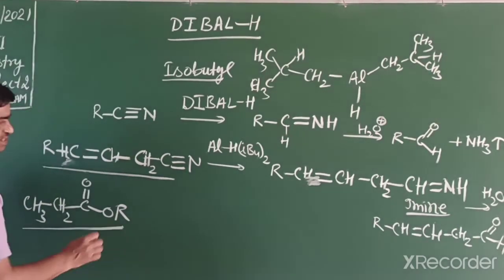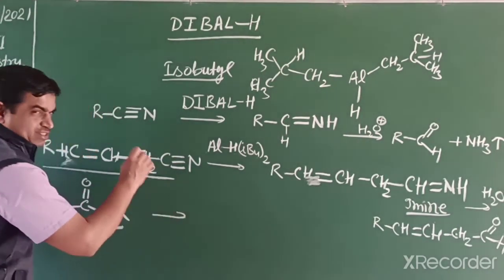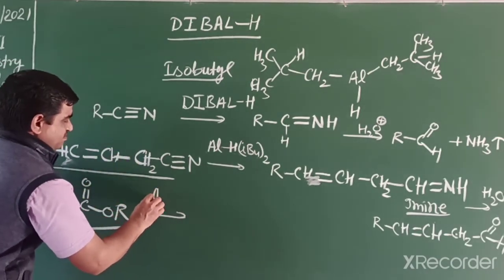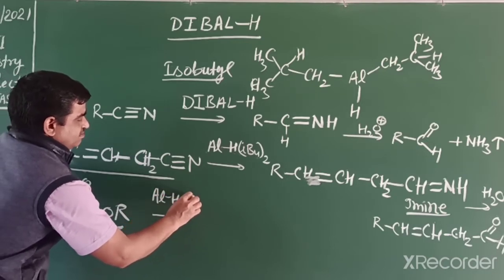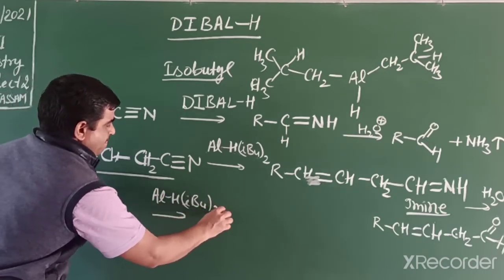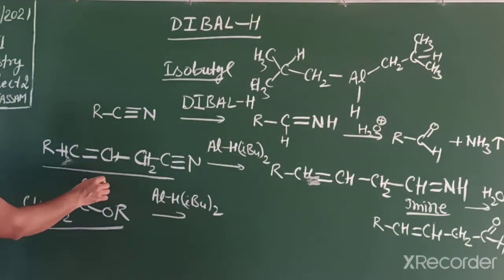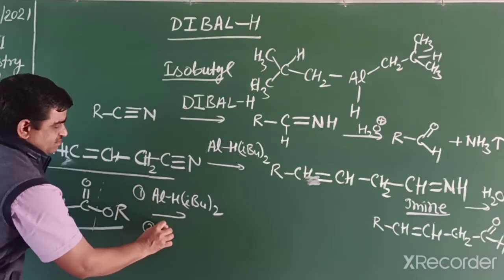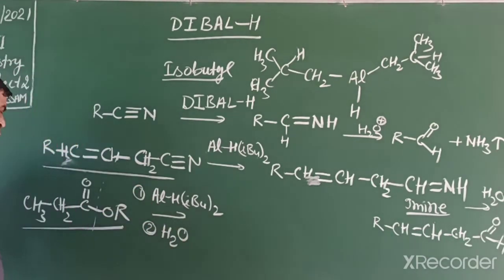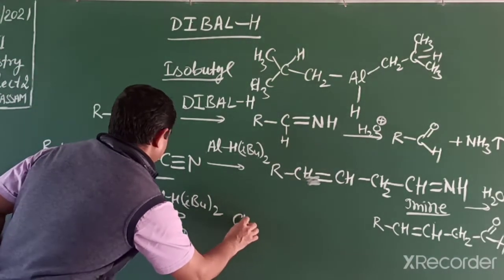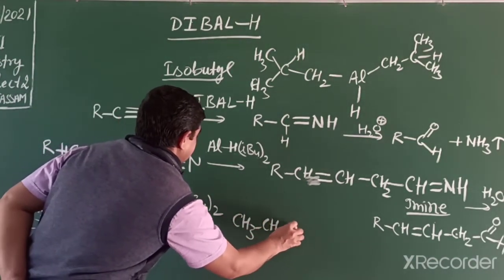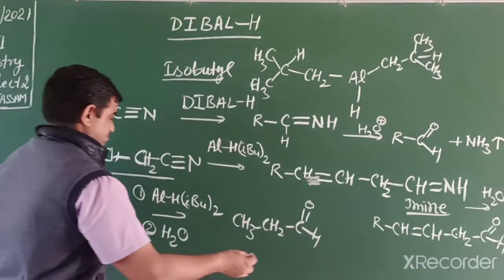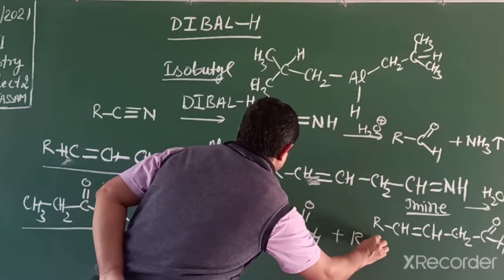If we take a particular example, esters also react with diisobutyl aluminum hydride, then this bond dissociates in the first step, and in the second step, that is hydrolysis, we can write the product directly: aldehyde, and the other compound is alcohol.